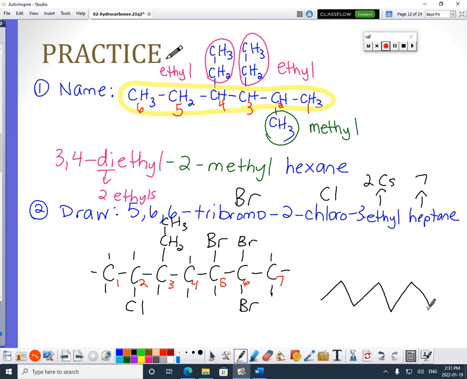From the left? So every bend is a carbon. Yeah, like the carbons in the middle here, is that the point?